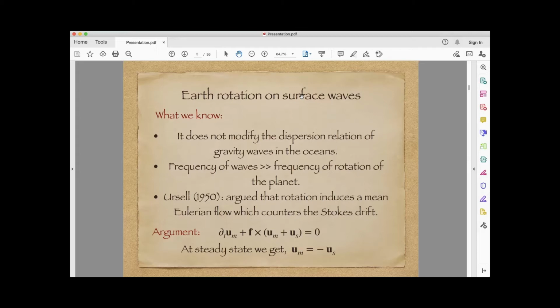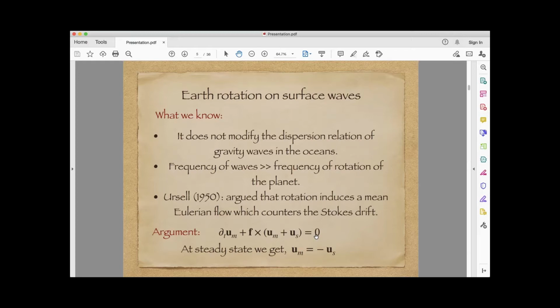And Ursell argued that you have a mean Eulerian flow which actually counters the Stokes drift. The argument for the generation of this anti-Stokes flow, as people call it, can be seen below. What Ursell did was to write an equation for the mean flow, which Craik and Leibovich showed later on.